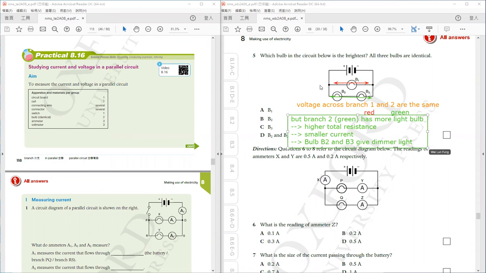But B2 and B3 give the dimmer light, but for light bulb B1, with fewer light bulbs, the total resistance is smaller in B1. So the current is higher. So bulb B1 gives brighter light. So I will choose A in this question.